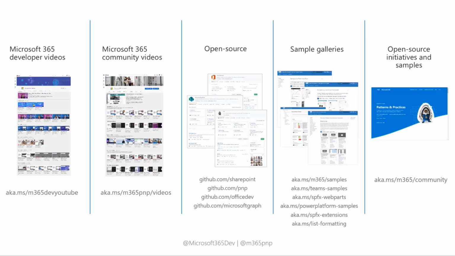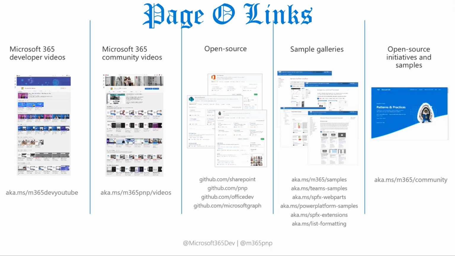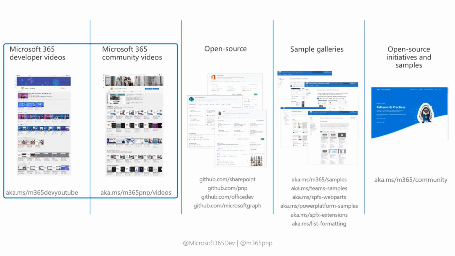We also have a number of open source initiatives, galleries, videos, all kinds of things for you to take advantage of. Tons of resources. This is our page of links, as Patrick calls it. We've got 2 video links for you to take advantage of, the Microsoft 365 developer videos and community videos, where you can see amazing opportunities to engage as well as learn from others that have created videos in the community.